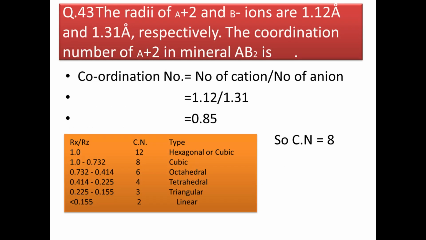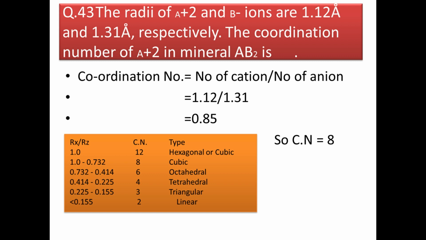Okay. Next question. The radii of A2 plus and B minus ions are 1.12 angstrom and 1.31 angstrom respectively. The coordination number of A plus 2 in mineral AB2 is. Now see, coordination number is calculated on the basis of the radius ratio of these two atoms.